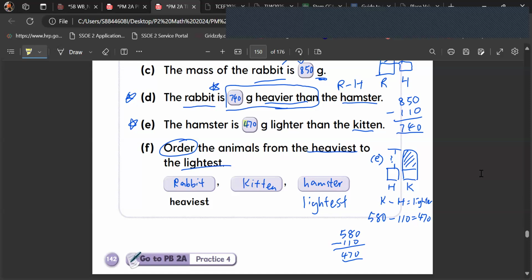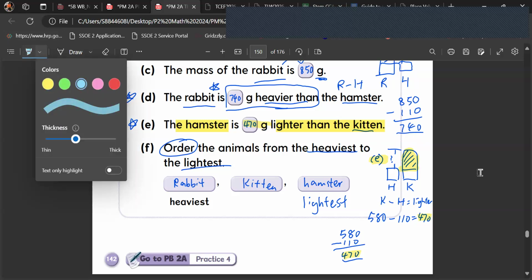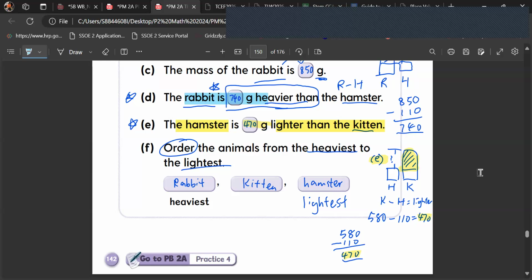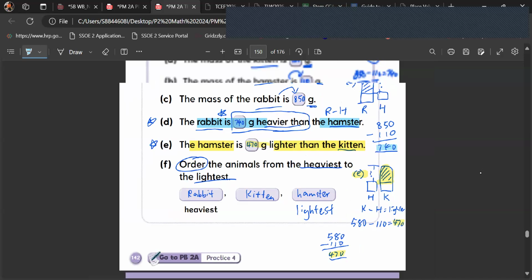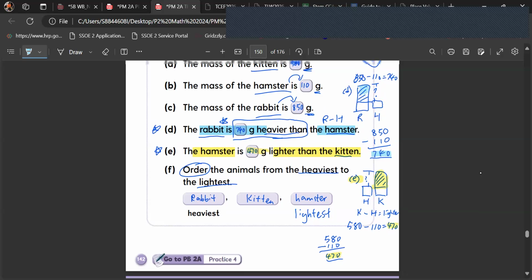So the hamster is 470 grams lighter than the kitten. This is where it is. I have to do the subtraction. And just now, the question for the rabbit versus the hamster, you can see that it's this one, and we are talking about the difference here.